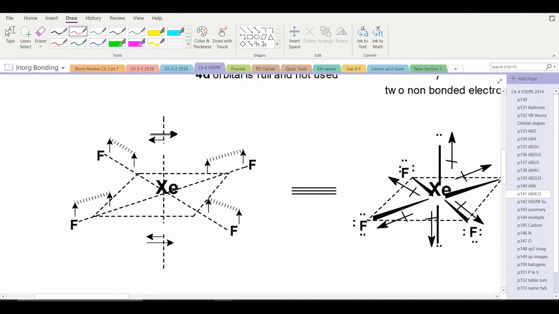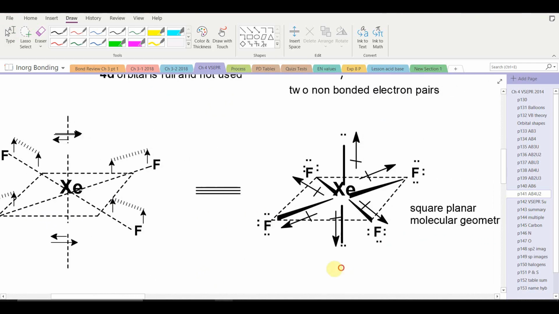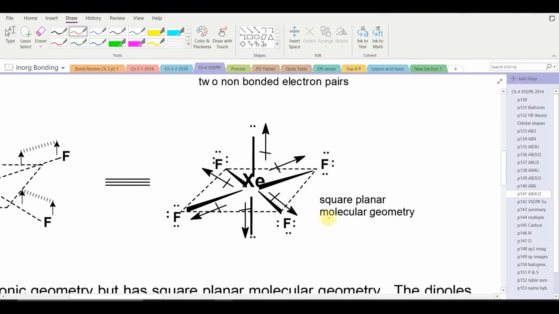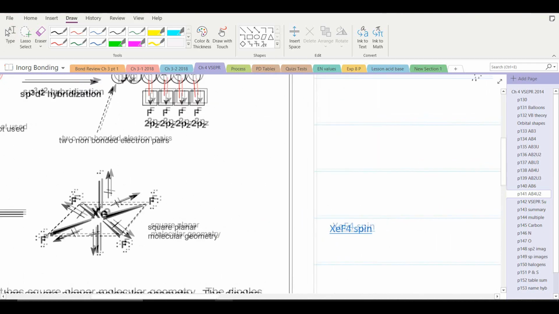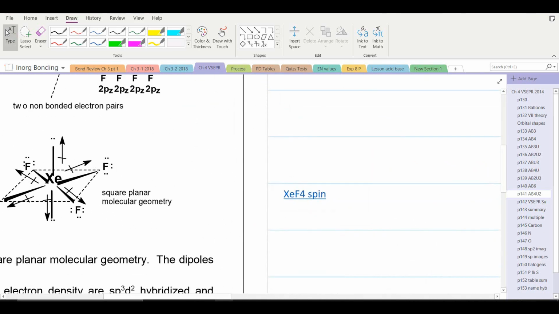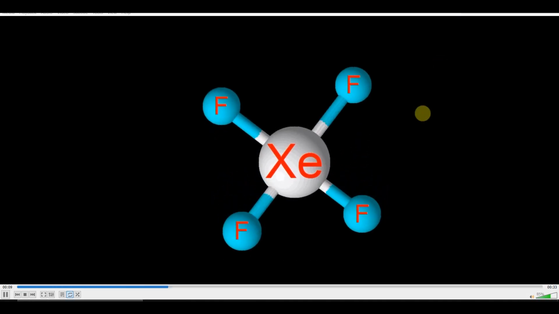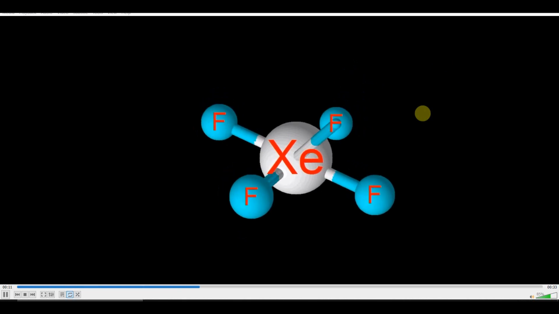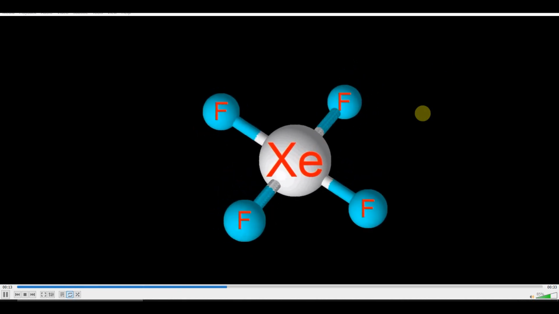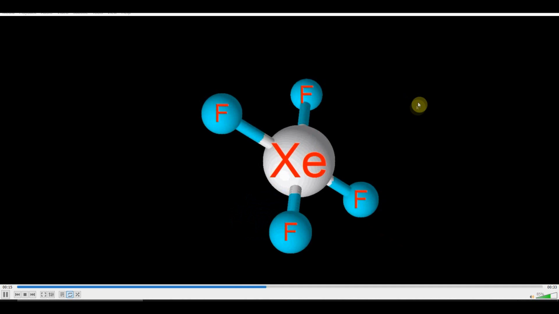These dipoles will certainly cancel, and so the molecular geometry is said to be square planar. I believe I have an animation of it here we can look at. It definitely looks square planar. Interesting animation.